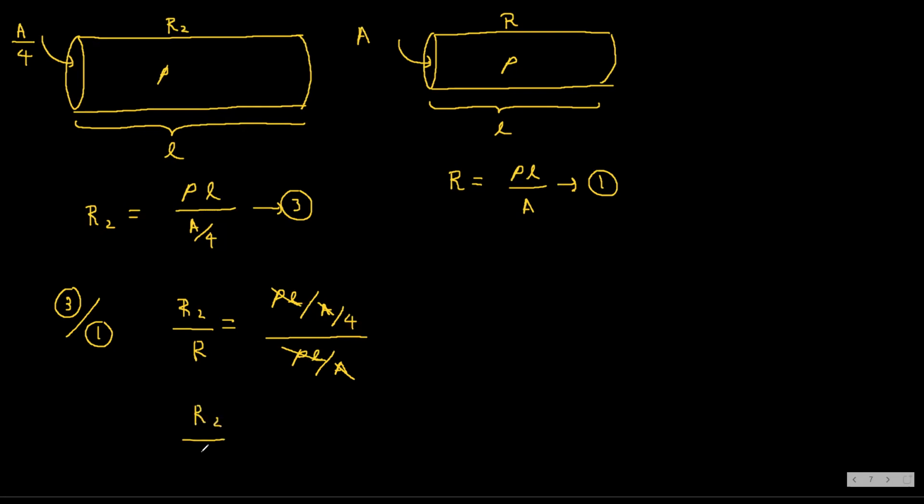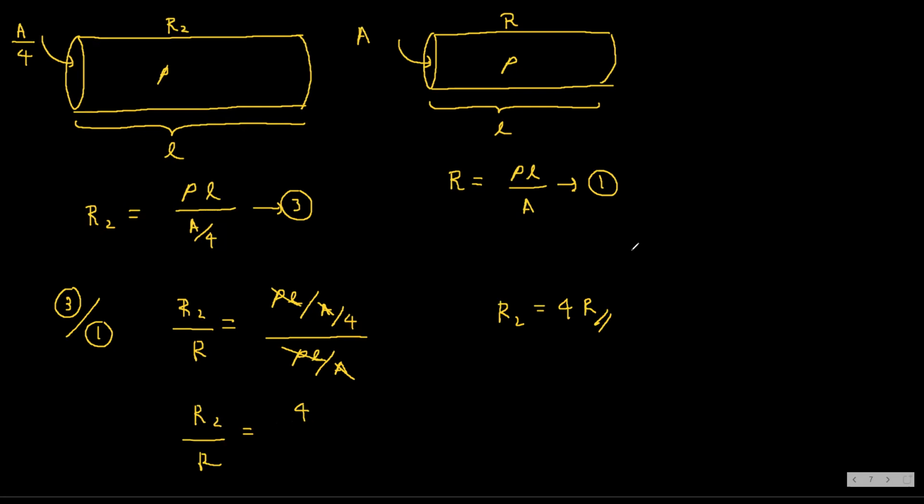Then R2 over R is equal to 4, then R2 is equal to 4R. Okay. Is it clear or not? Clear, sir.